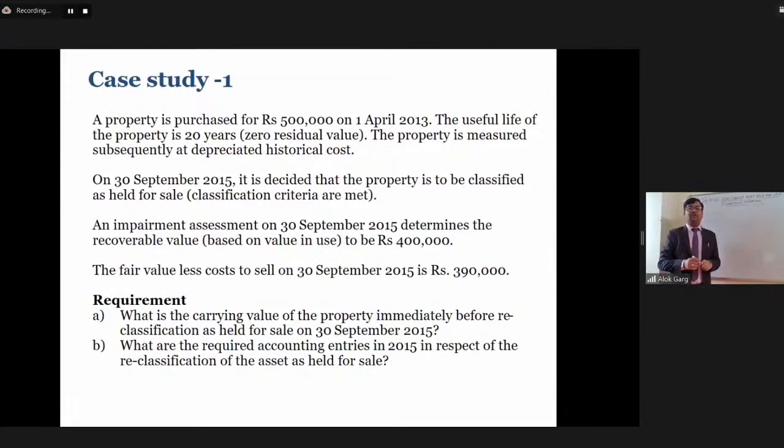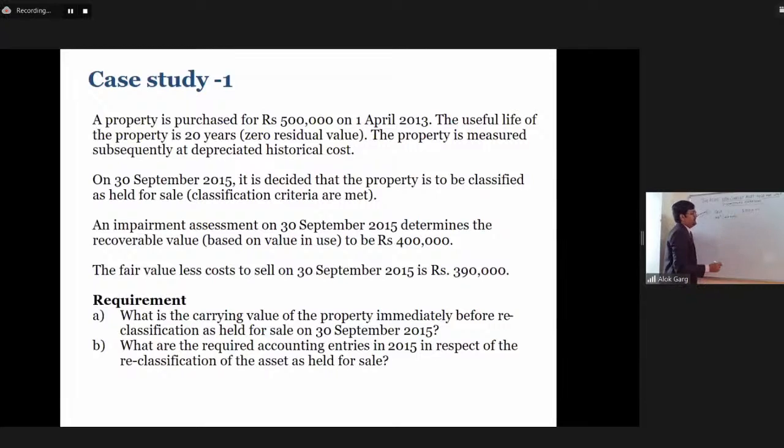So the carrying value on 30th September 2015. Case study 1. What is the cost? Cost is 5 lakh. And what is the total depreciation for 2.5 years up to 30th September 15?